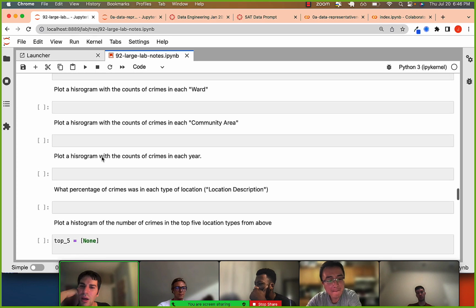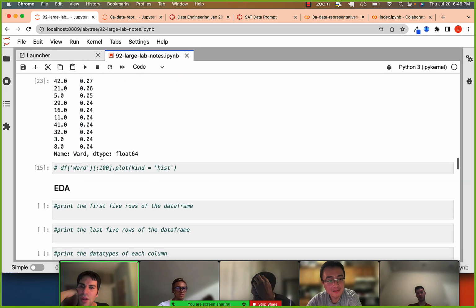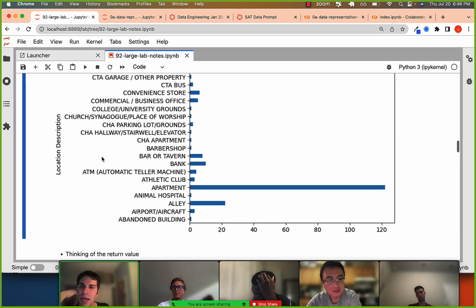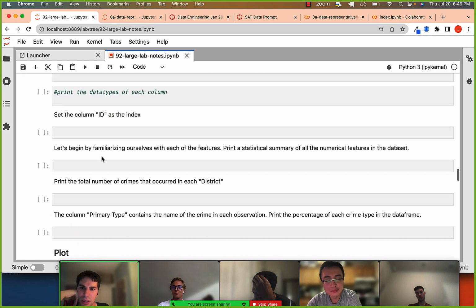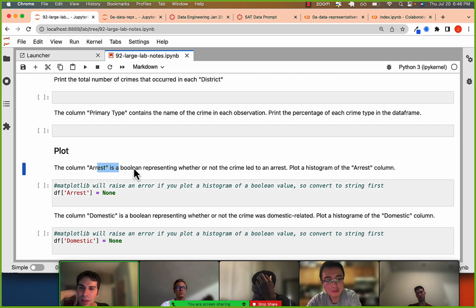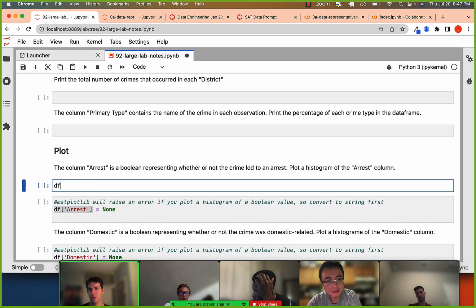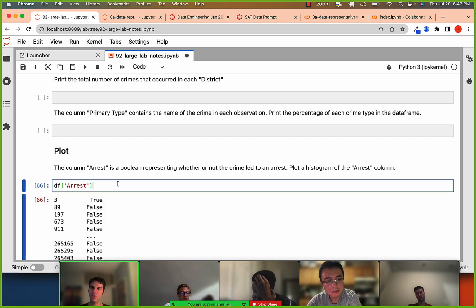I think with some of it, it was saying, plot a histogram of the arrest column. I think what you had to do, if you take the data frame and then look at arrest, you could do dot apply, lambda x, and then str of x.